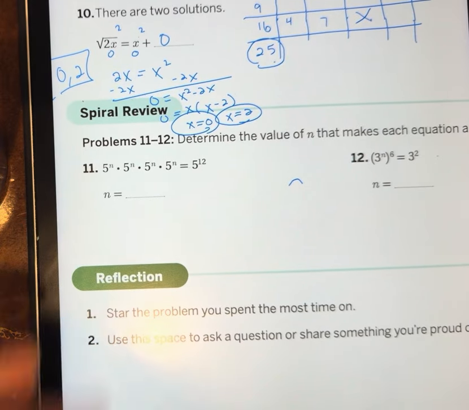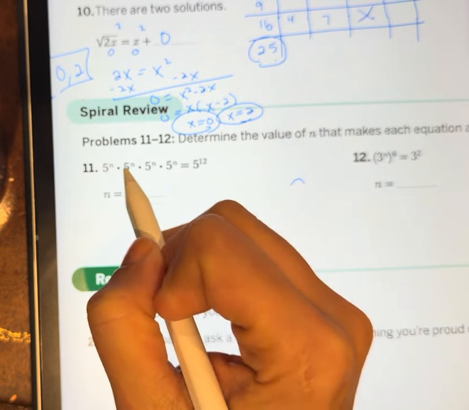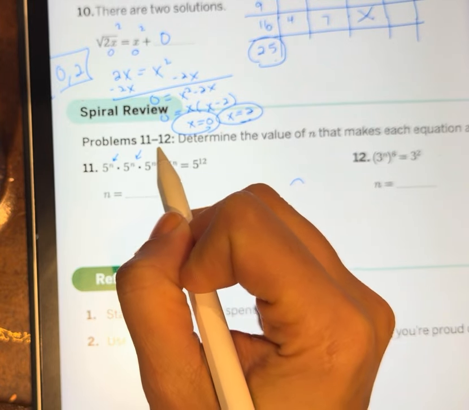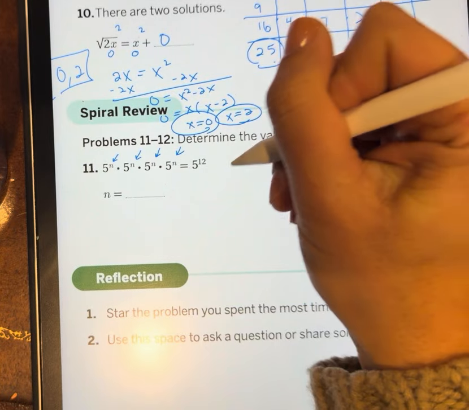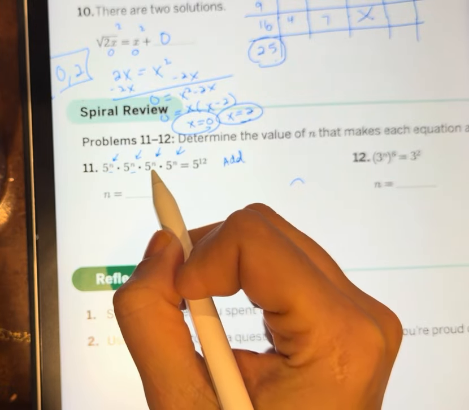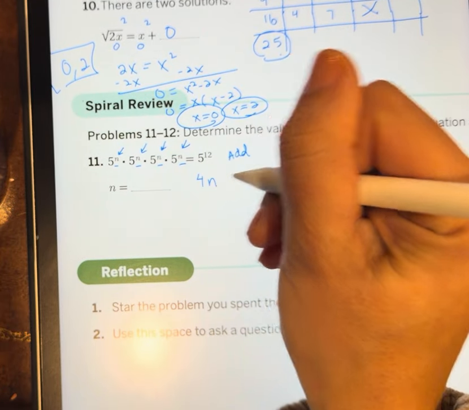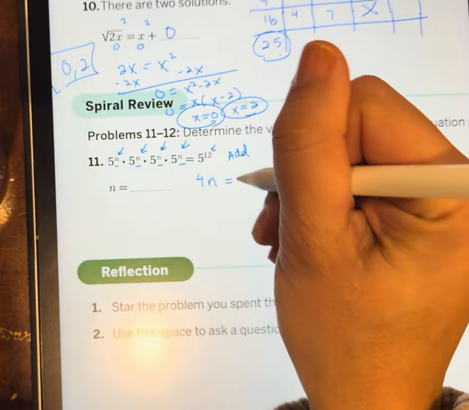And let's look at some exponent rules, you guys. When we're multiplying stuff with exponents, what do we do with the exponents? We add them. So we want to know what number plus itself 4 times equals 12.